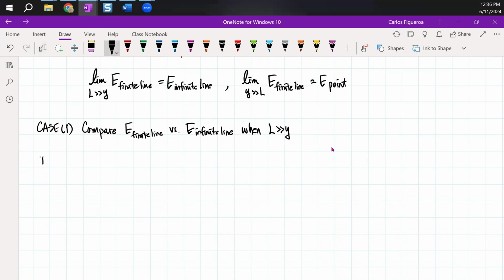So if L is much, much greater than Y, we should see this. And the way we see this here is that we calculate a ratio.